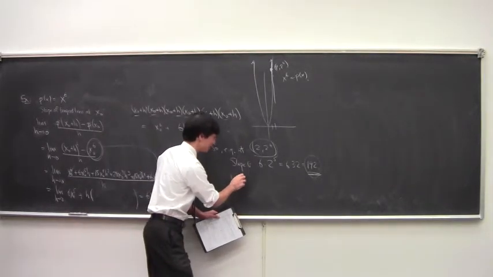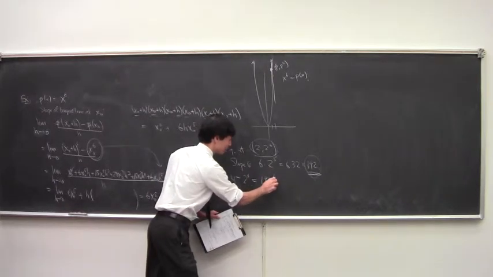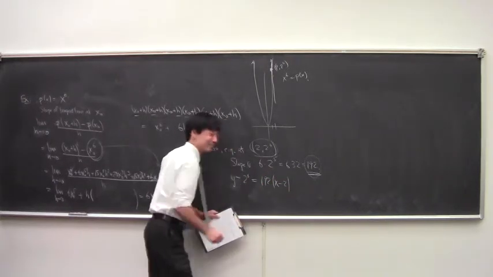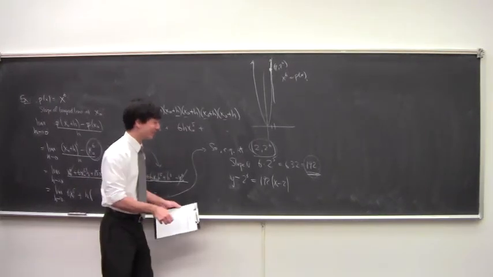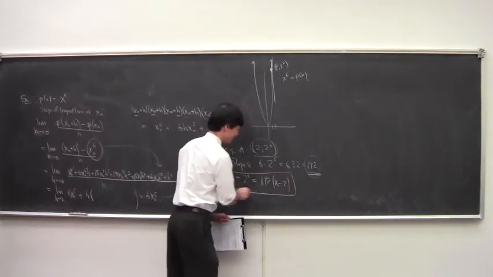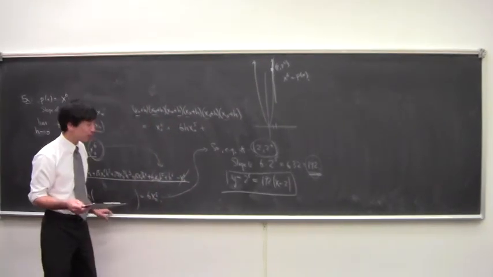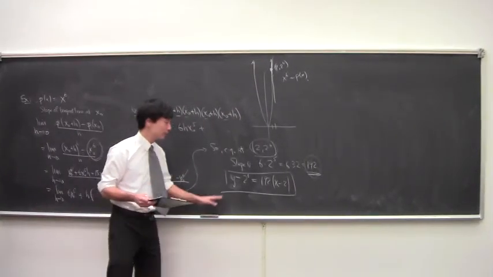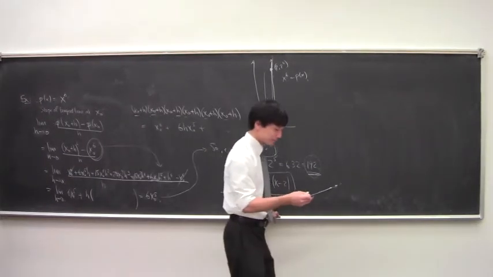Y minus the y value equals the slope times x minus the x value. Very good. Okay, slope of the tangent line. Easy, should be easy.